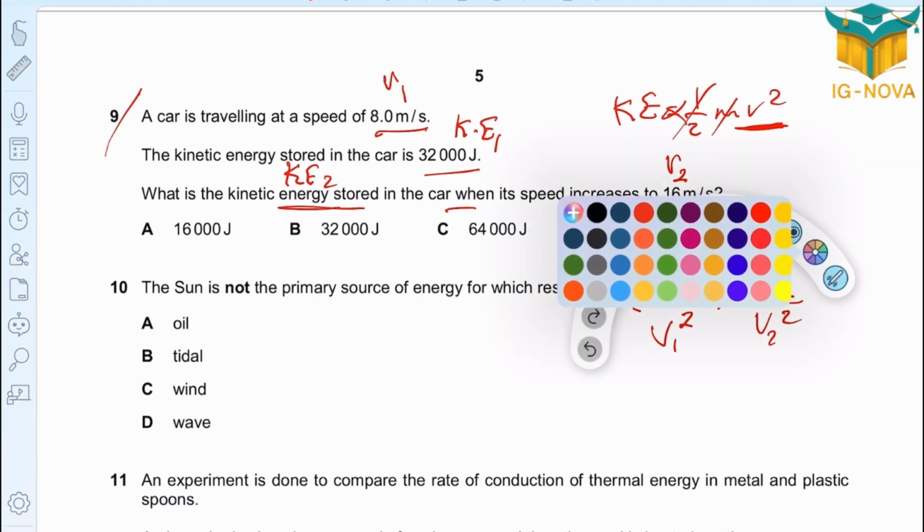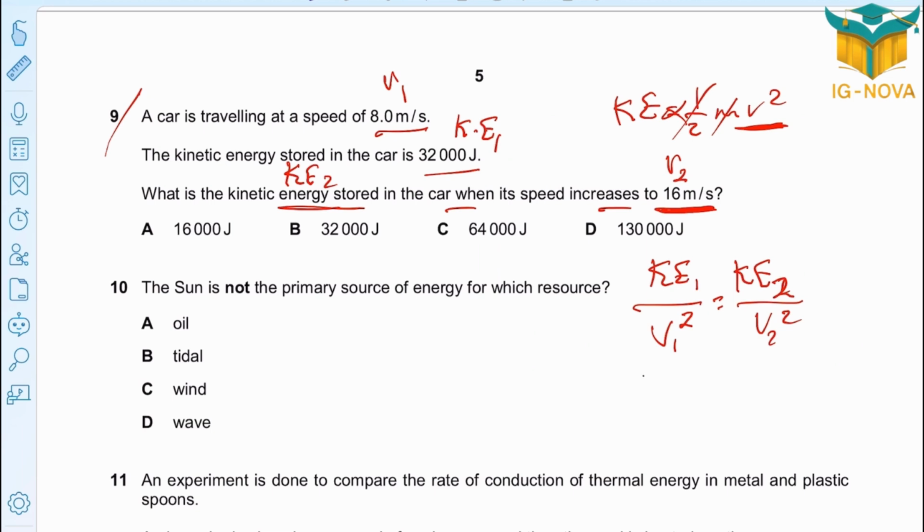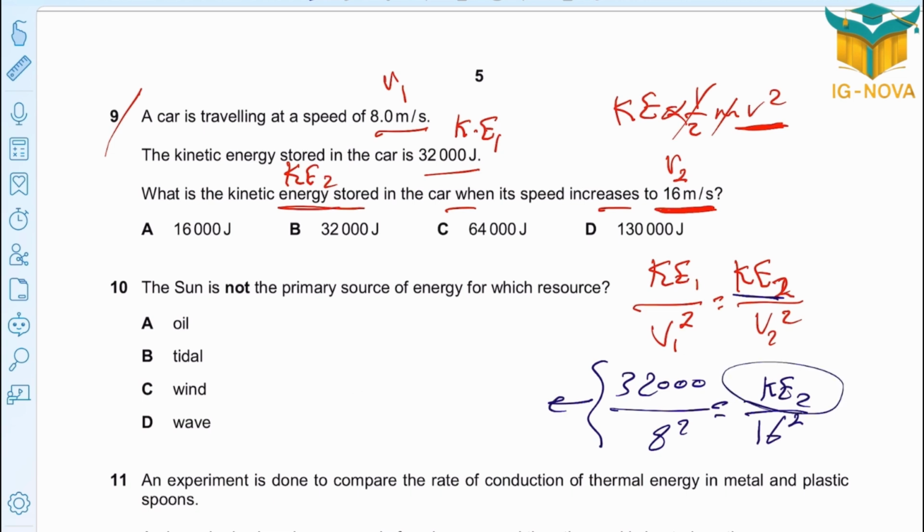Substituting numbers, KE1 is 32,000, V1 is 8 squared, equal to KE2 that's required, and V2 is 16 squared. By cross multiplication, KE2 equals 32,000 times 16 squared over 8 squared.